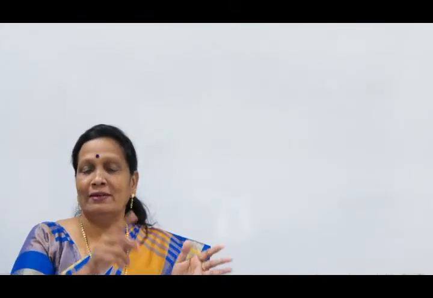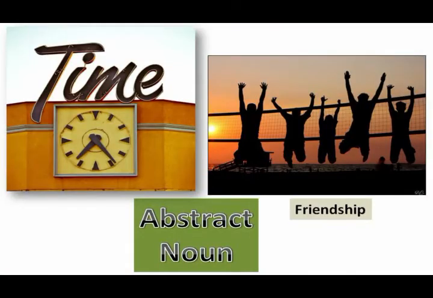So now we have learnt about common nouns, proper nouns, collective nouns and material nouns. Now look at the picture very carefully, children. What do you see? Do you see the picture of a clock? What does a clock tell us? A clock tells us about time, isn't it?